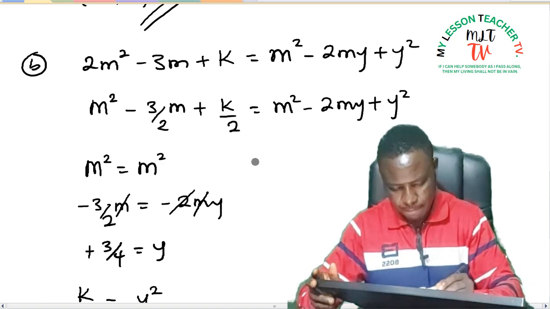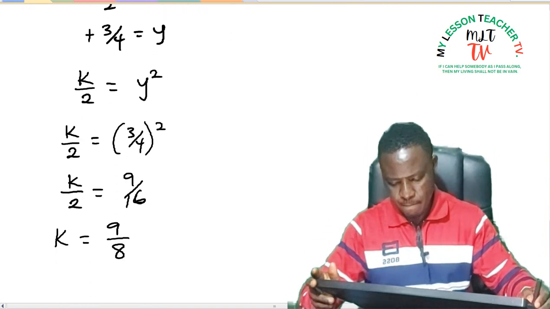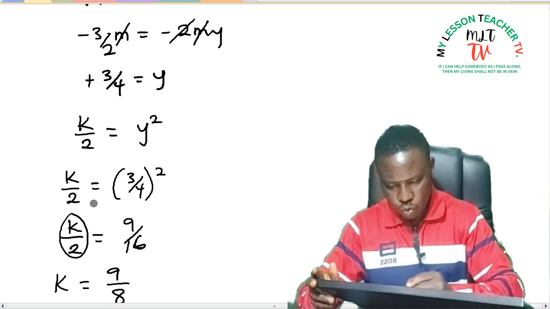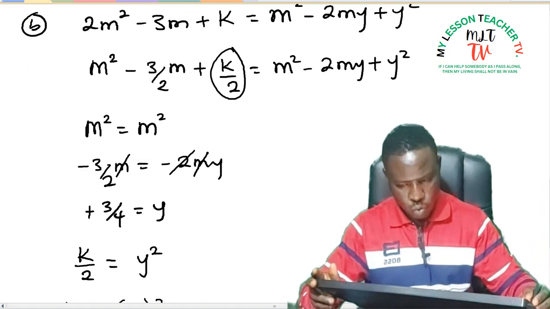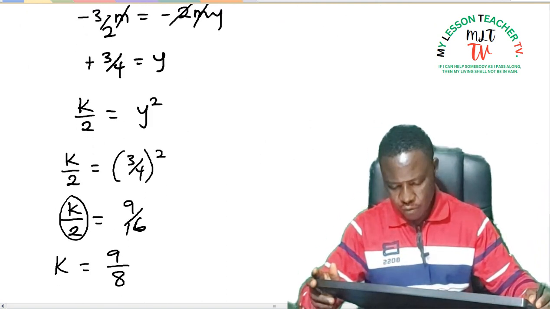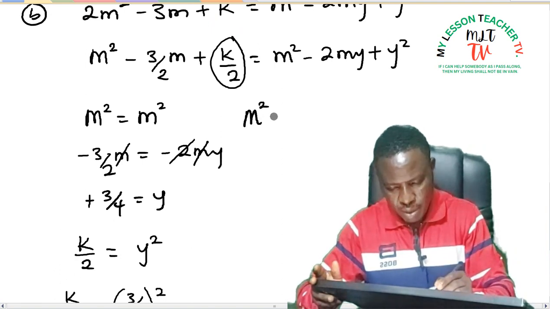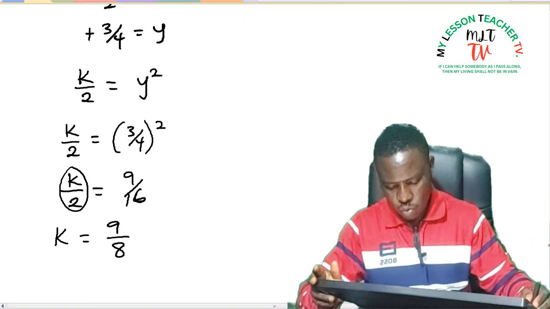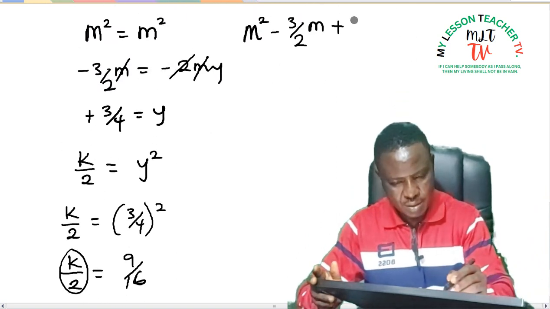Since the last term is k over 2, as in this case, k over 2 is 9 over 16. So this becomes m squared minus 3 over 2m plus k over 2, which is 9 over 16.